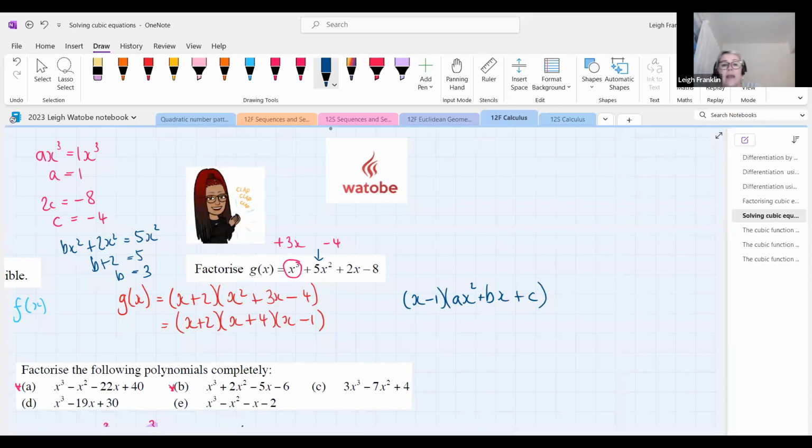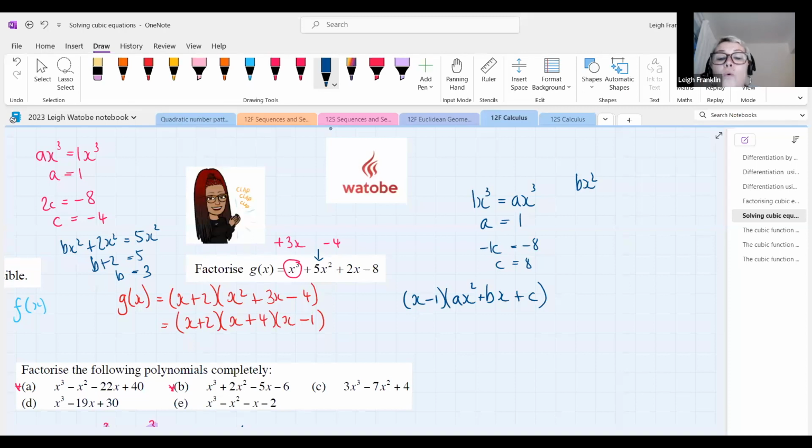Okay, so in this case, you would have still ended up with 1x cubed equals ax cubed. You would have still ended up with a is equal to 1. But as far as your c is concerned, you would have had negative 1c is equal to negative 8, so you would have had c is equal to 8. Then as far as your b term is concerned, you would have also ended up with bx squared.